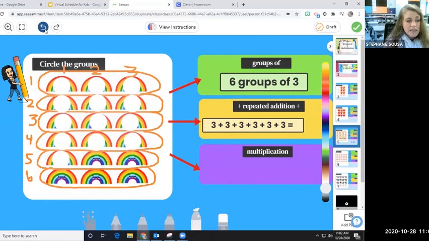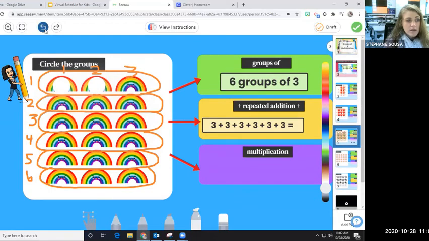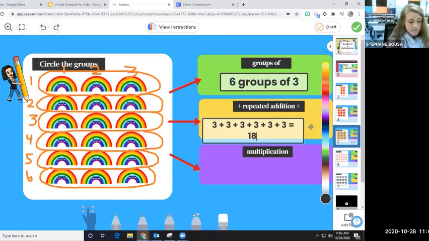Okay, I have 18 rainbows. So I know that 3 plus 3 plus 3 plus 3 plus 3 plus 3 equals 18.